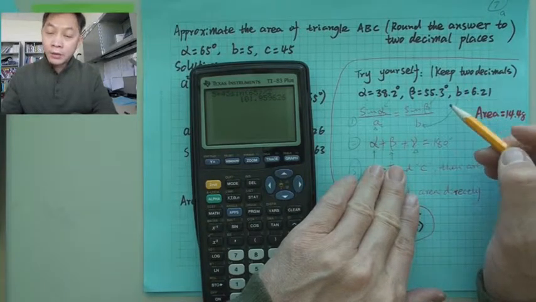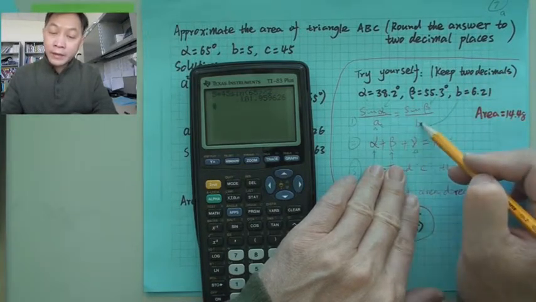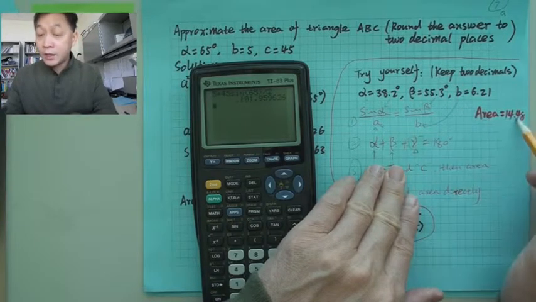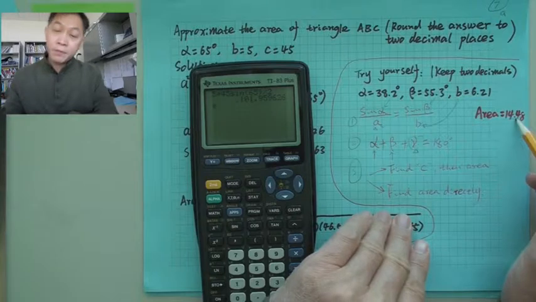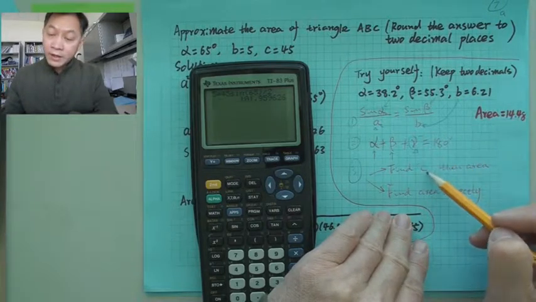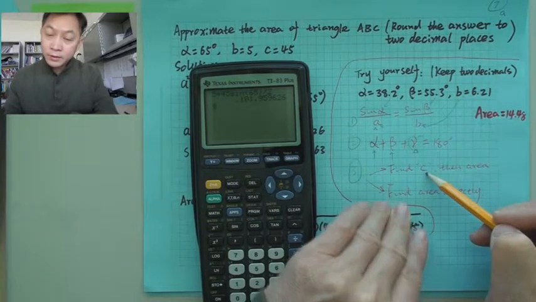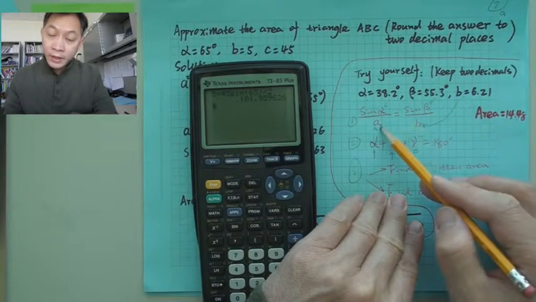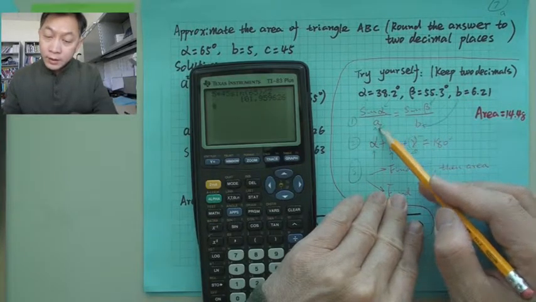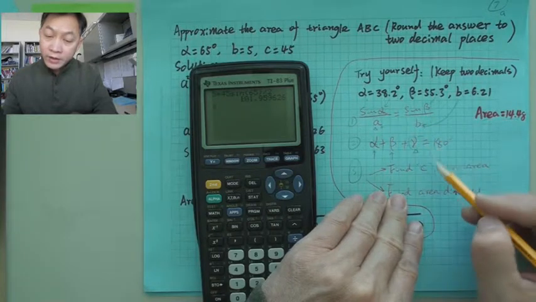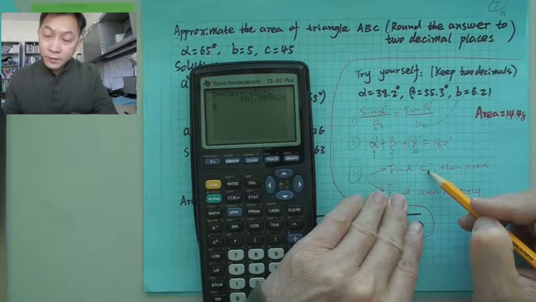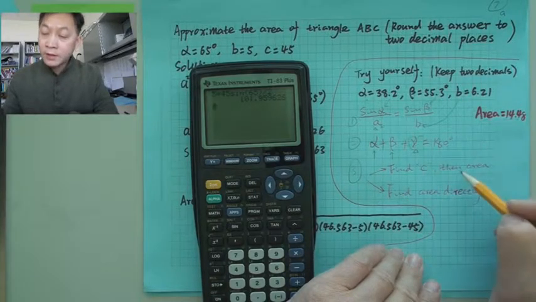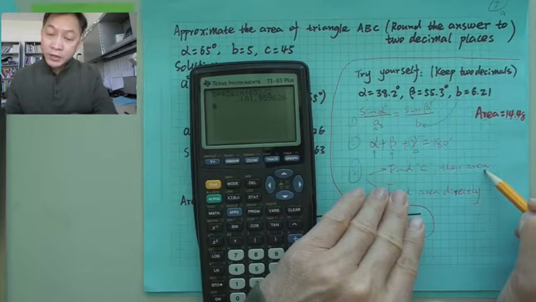Now you have A, B, and the angle gamma in between. You can find out the area. Or you can find out C, since you have B right here and you found A, and then find out the area by using Heron's formula.